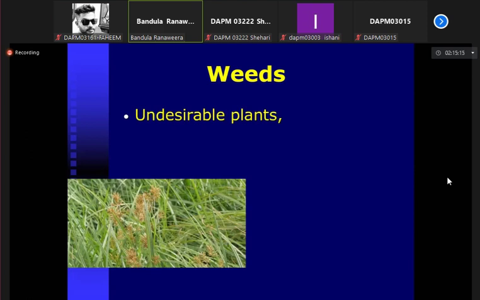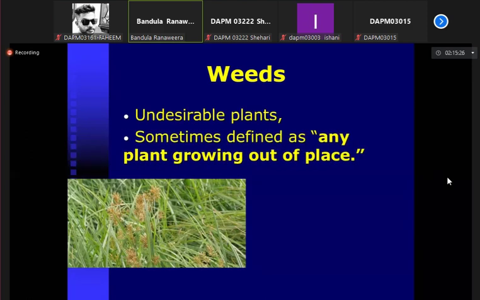Some of our crops are affected by this serious growth of undesirable plants. So it is any plant that grows out of place. Without an invitation, without our liking, they are growing in our crop production system.